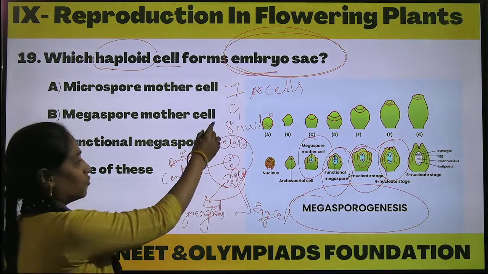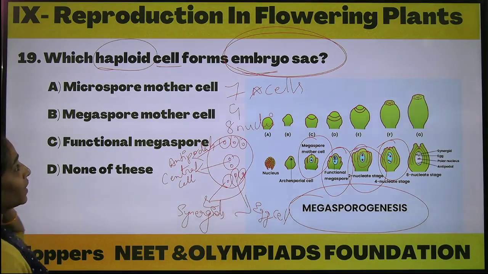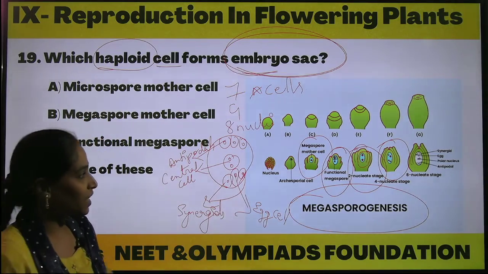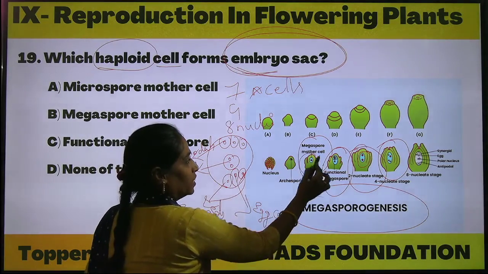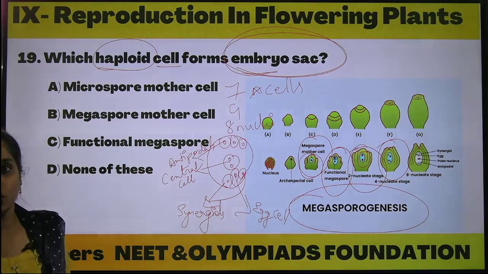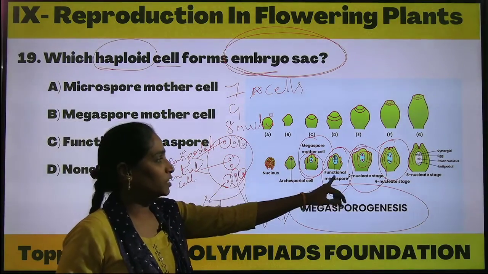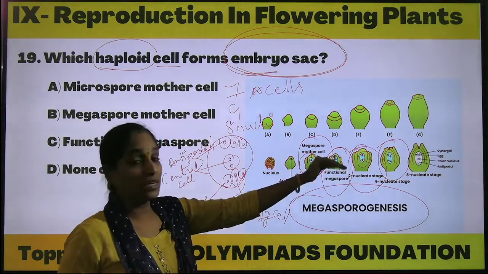Yes, so out of all these, which is acting as the haploid cell forming the embryo sac? Here, the megaspore mother cell. How many nuclei are we observing over here? Only a single nucleus, right? Apart from this, the functional megaspore is converting into multiple nuclei.